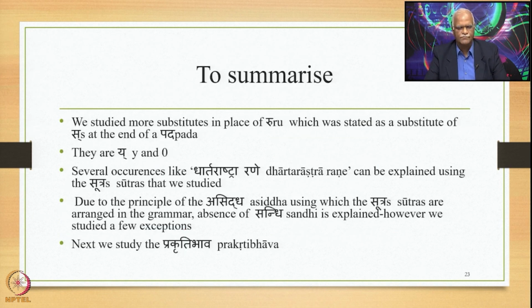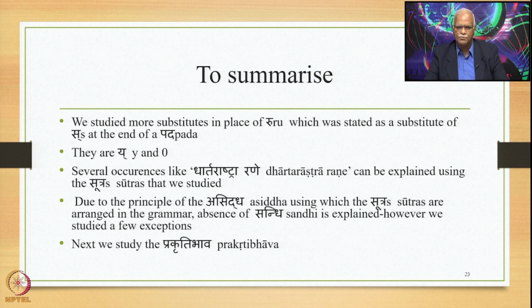To summarize, we studied more substitutes in place of ru, which was stated as a substitute of sa at the end of a pada. They are primarily ya and zero or deletion. Several occurrences like Dhritarashtra Rane can be explained using the sutras that we have studied in this particular lecture.